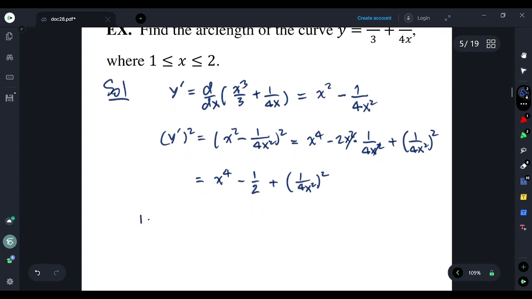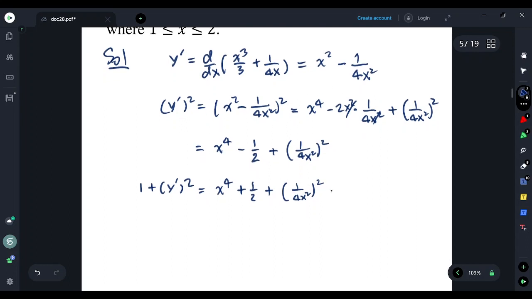Then when we add 1, the 1 plus y prime squared, we take 1 and subtract 1/2, that's going to be plus 1/2, right? And then plus 1 over 4x squared.